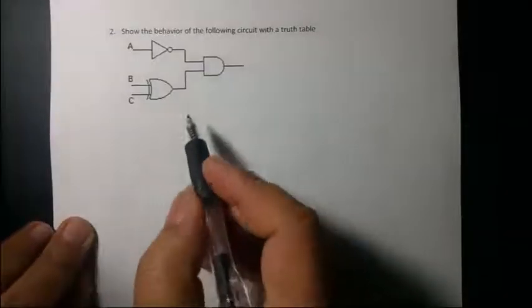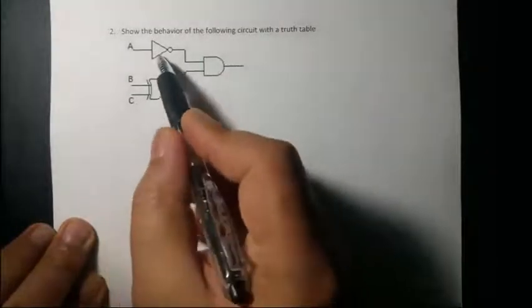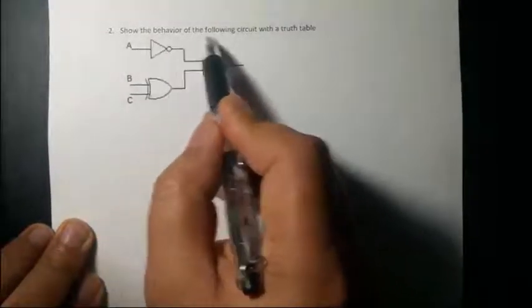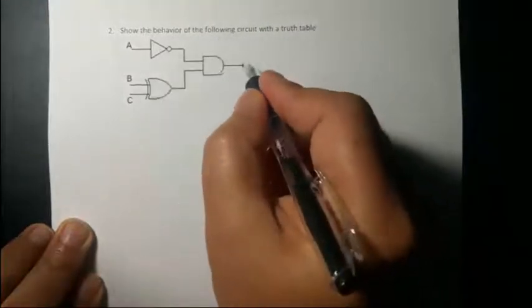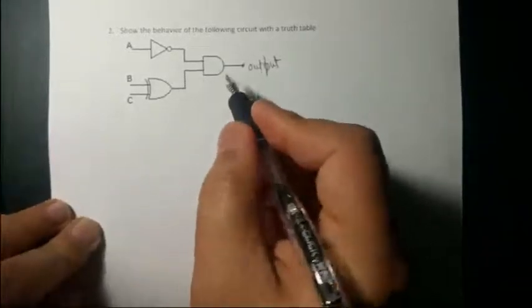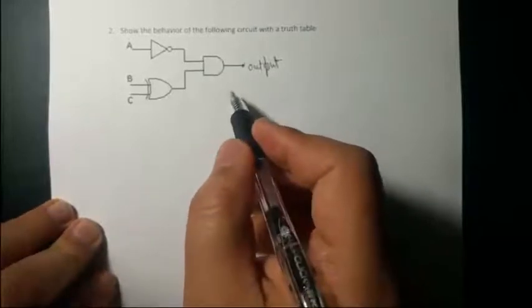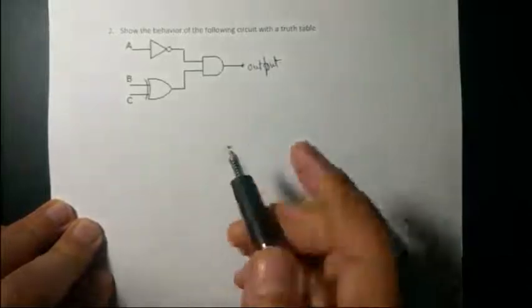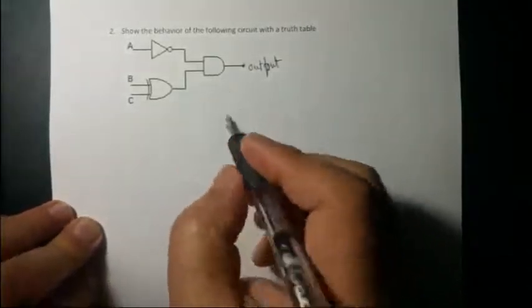The next problem says, based on this logic gate combination, show the behavior of the following circuit. So what's the logic behind this combination? This is the output. First we need to check the output equation, build the truth table, and based on the truth table output decide what's the behavior of this circuit.